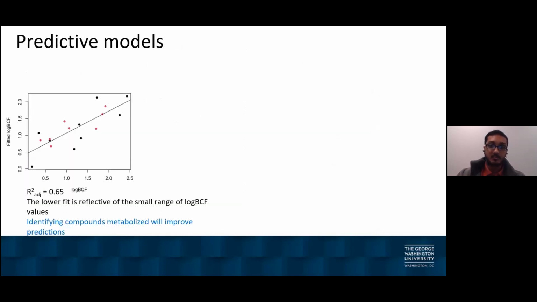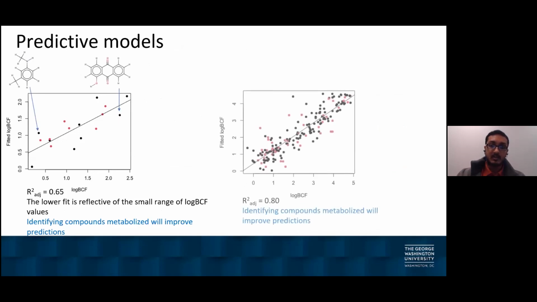So moving on to model development, shown on the left is the ionizable model with an R-squared of 0.65. And this may seem a bit lower, but the additional challenge of all of these points is that they fall in a very narrow BCF range. And on the right is the non-ionizable model with an R-squared of 0.80.